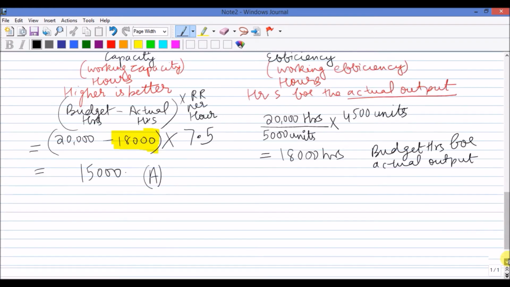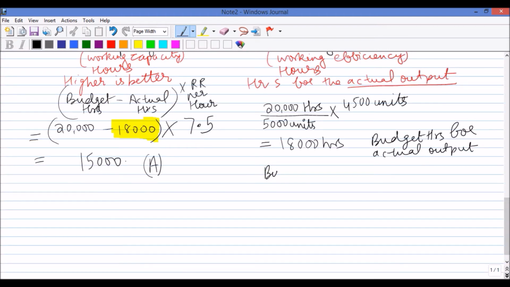Now it's simple. Again the formula is the same: budgeted hours minus the actual hours, into the recovery rate per hour.